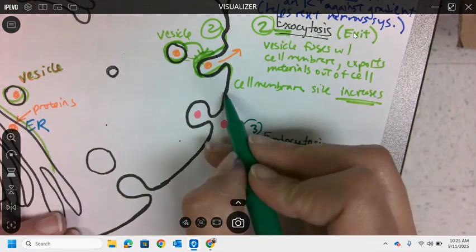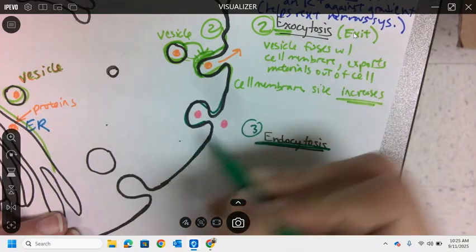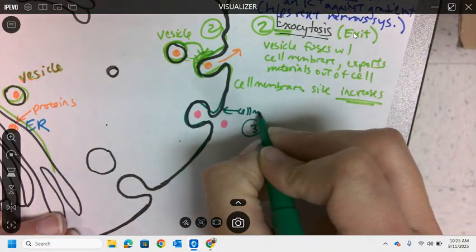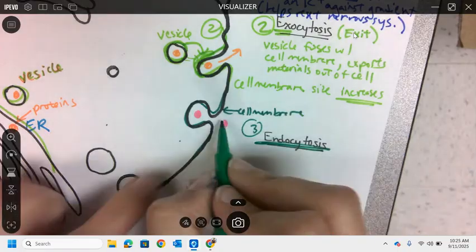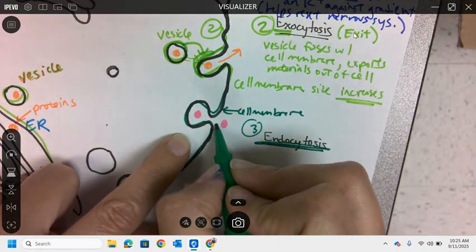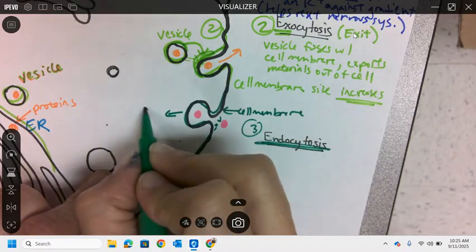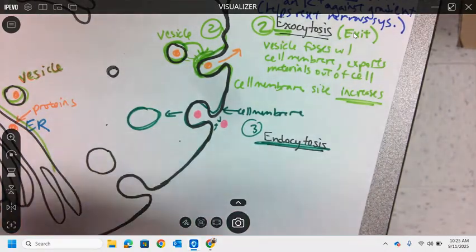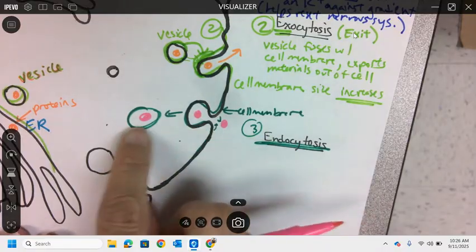So again, this is the cell membrane right here. What happens is this cell membrane pinches in until these two parts of the cell membrane connect, and this becomes its own vesicle, bringing in food or water or waste into the cell.